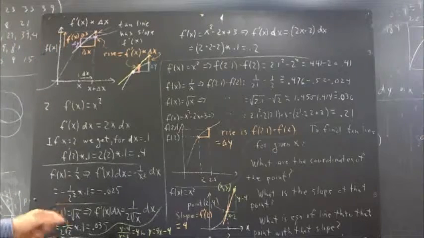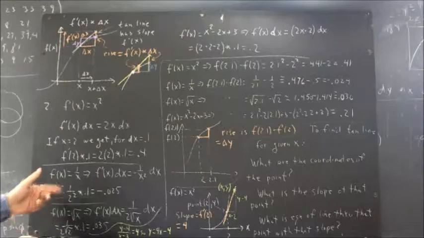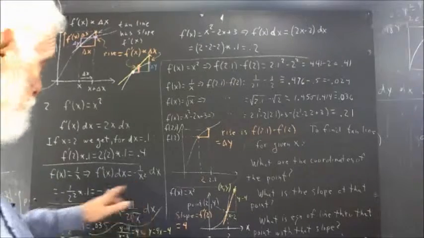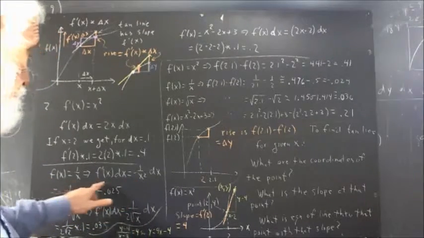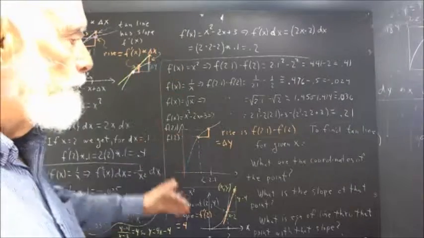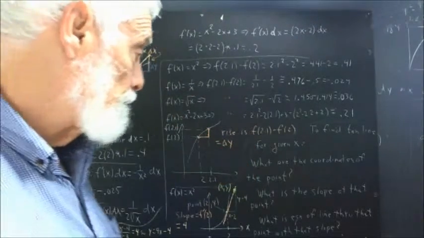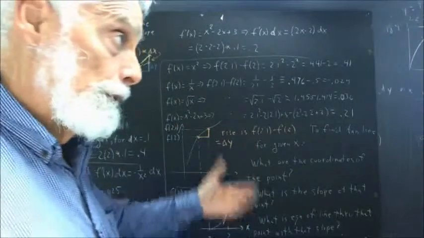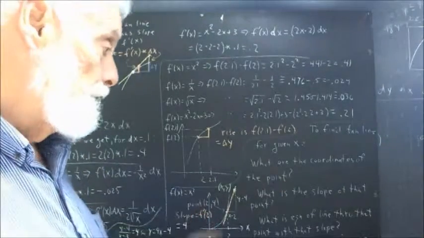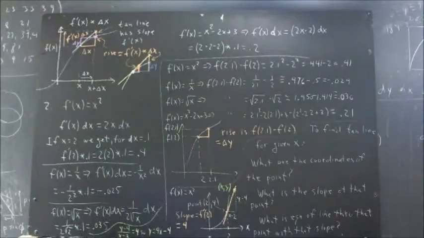Actually the slope is going to be negative 1/4 if you calculate the derivative of the 1 over x function at the point x equals 2. So you're going to proceed in the same manner. You find the coordinates of the point for each of these functions. You find the slope at that point, which is the slope of the tangent line at that point, and use that to find the equation of the tangent line.